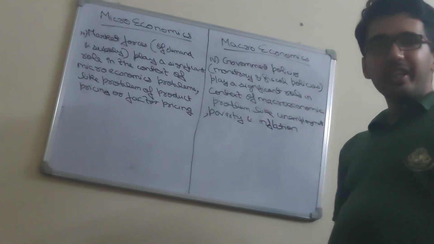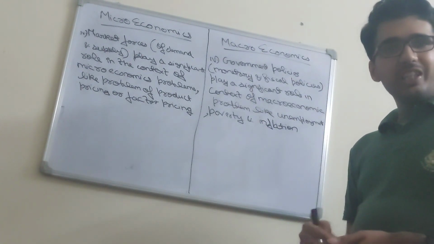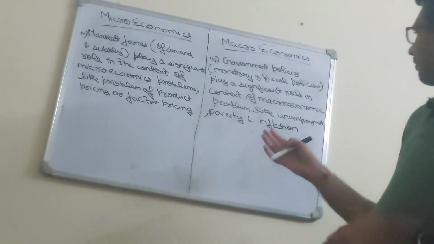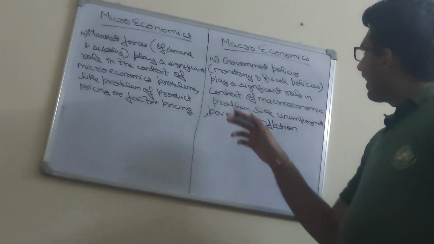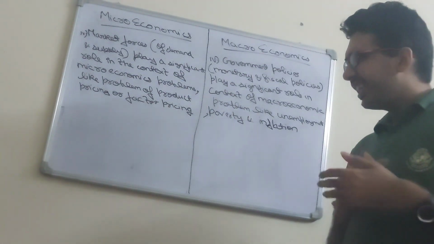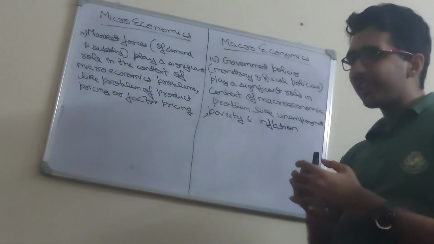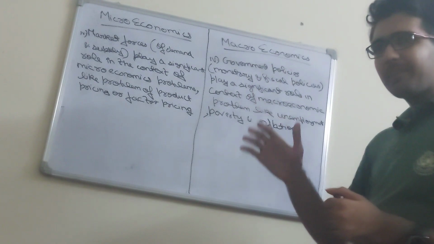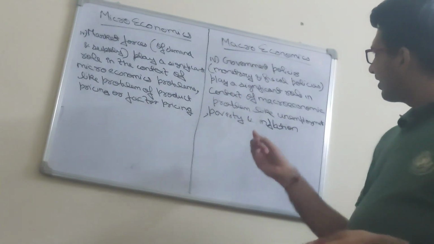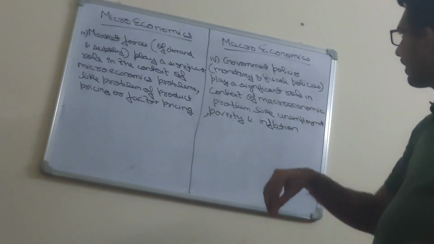Think, if unemployment increases, the government makes many policies, like MNREGA was a policy for employment, and monetary policies are policies by RBI, the Reserve Bank of India. These are related mainly to inflation, to change the supply of money in the market. We will study them in detail in the future.